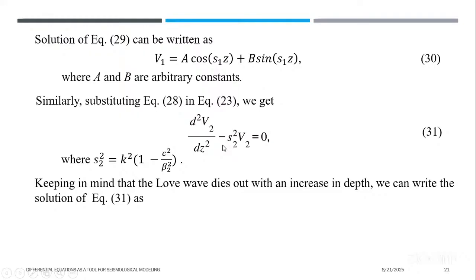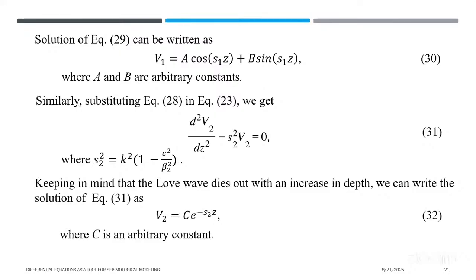If we solve it, we get a solution in exponential form. But we have to put it in the consistent form. What is that consistent form? It is that the propagation dies out with depth. So there should be a negative exponential function, obeying the nature, which is good for the modeling, and not the positive exponential function.